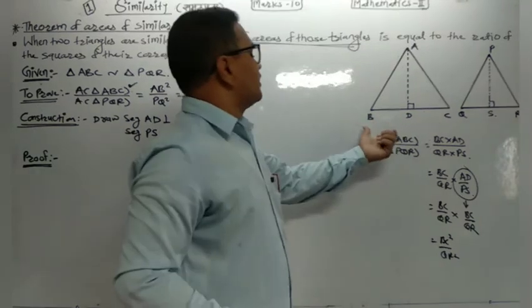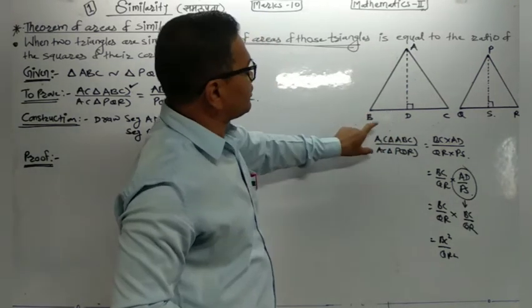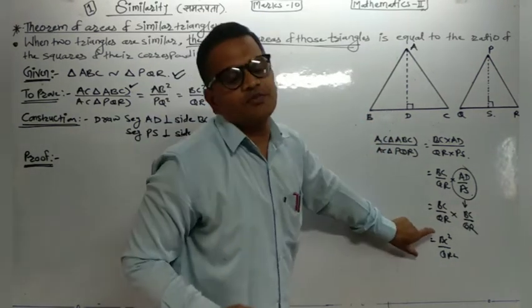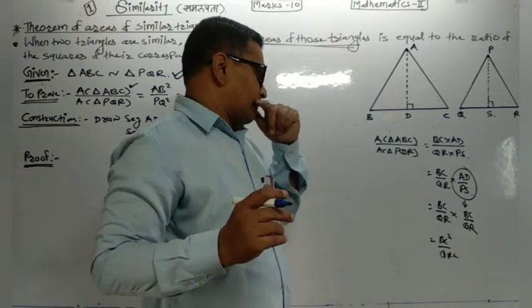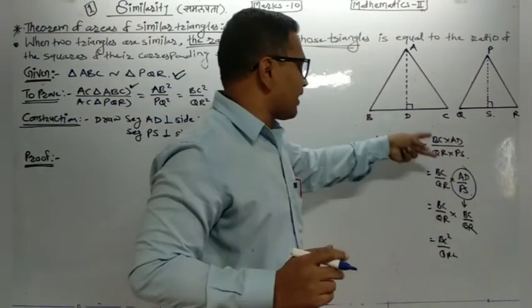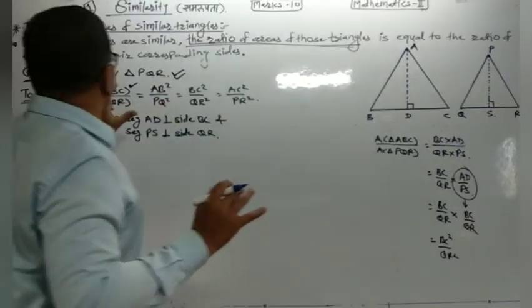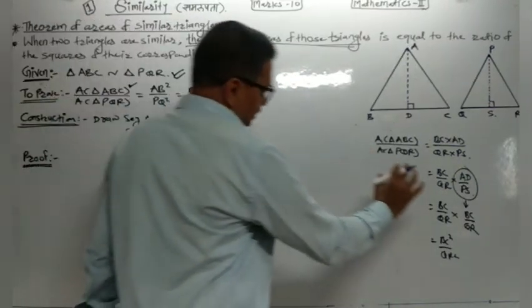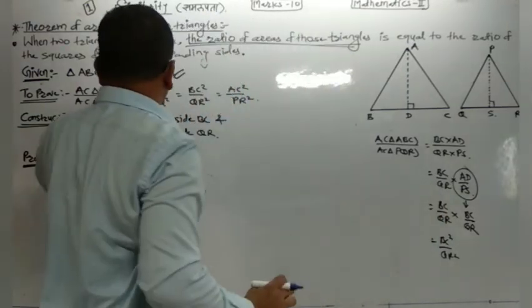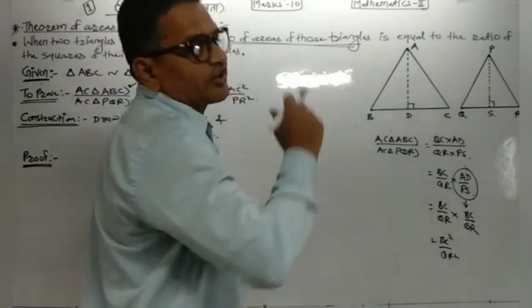Means the ratio of areas of similar triangles is equal to the ratio of squares of their corresponding sides. Means we want to prove that AD by PS is equal to BC by QR here. Understand?